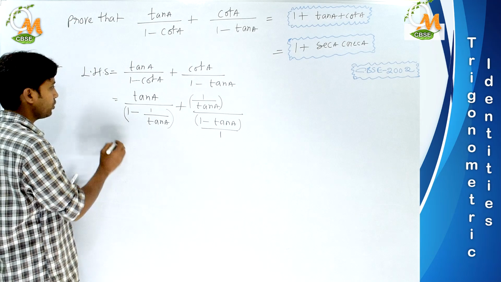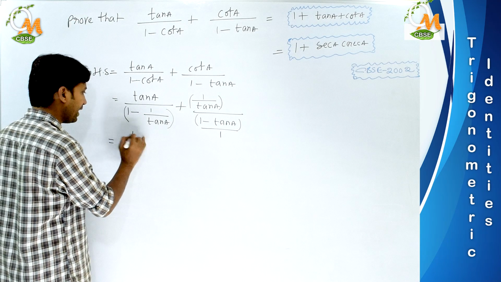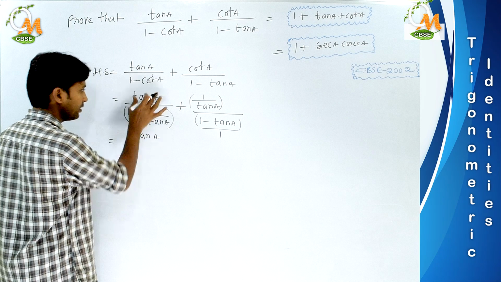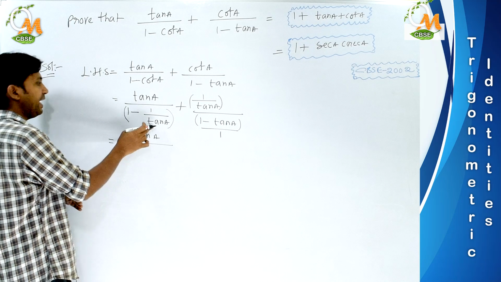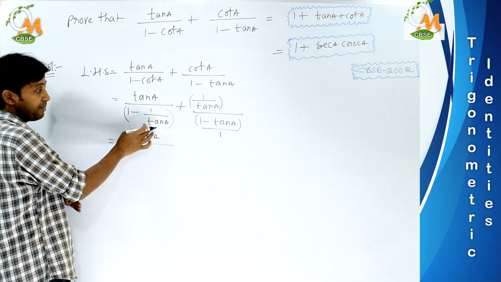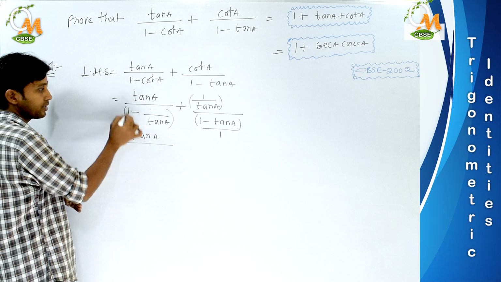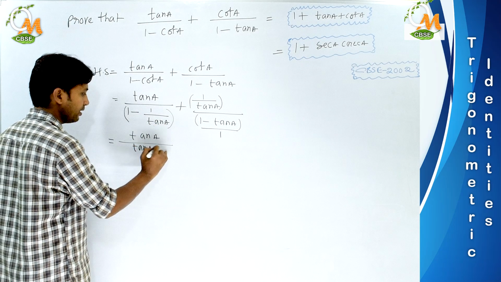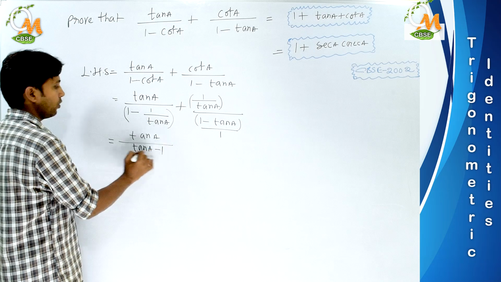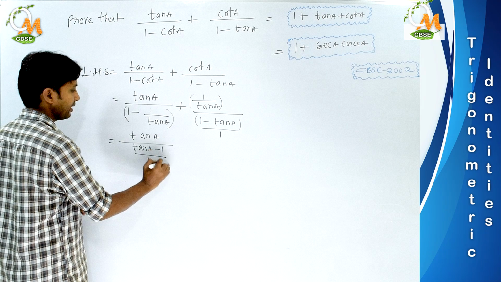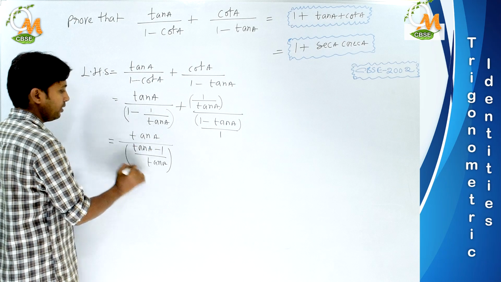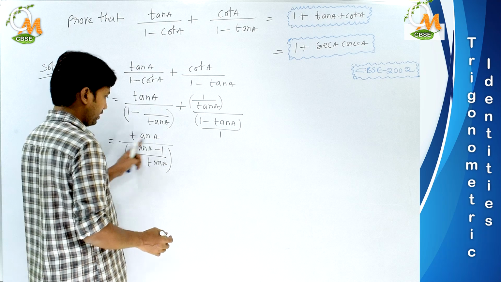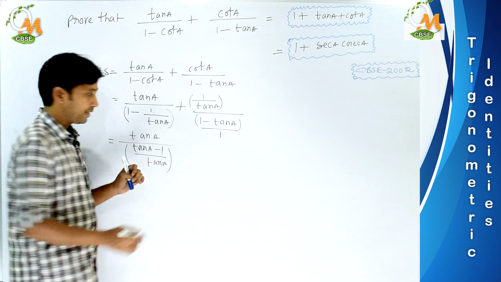Now do the further step. Tan A by tan A, the LCM should be taken to solve this. Tan A into 1, tan A minus 1 whole by tan A. Now there is a fraction in the denominator part.